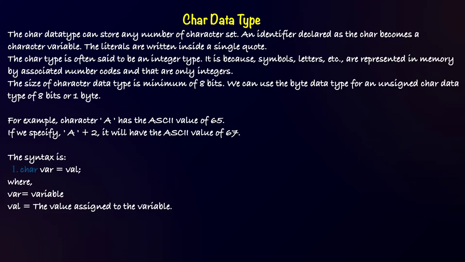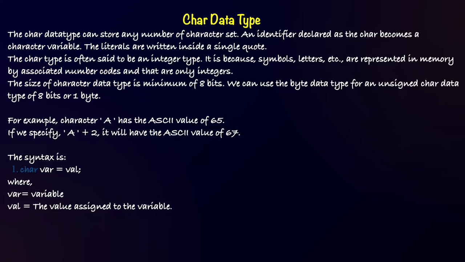For example, the character within quotes A has the ASCII value of 65. If we specify A plus 2, it will have the ASCII value of 67. Understood? If we perform any mathematical operation with characters, we are actually performing the operation with the ASCII value of the character, because a character cannot increment as 1, 2, 3.